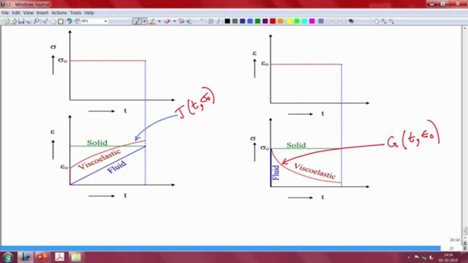So, we are going to look at this in a little bit more detail. One more thing: the strain here is being applied at time t equal to 0. So, we are going to define this function such that it is equal to 0 for t less than 0.